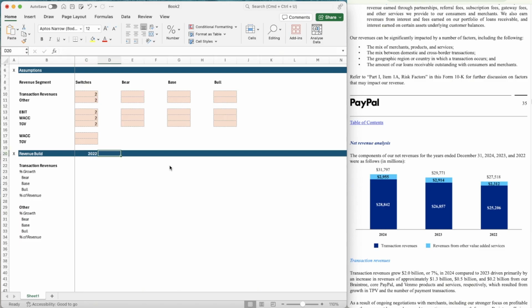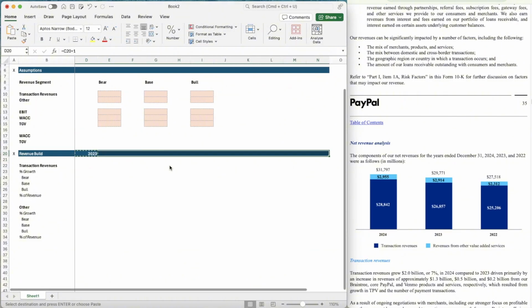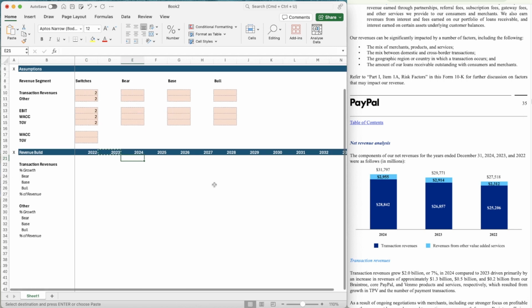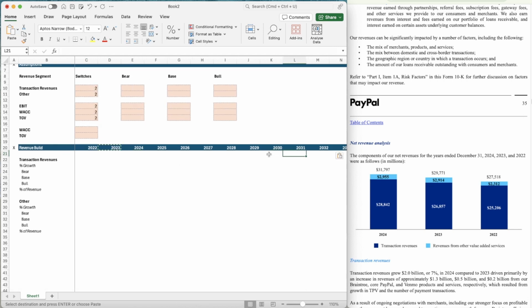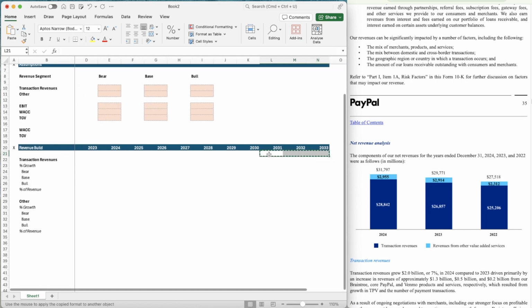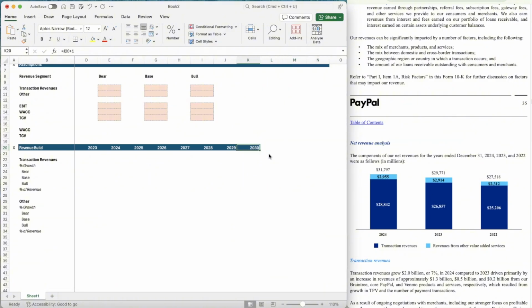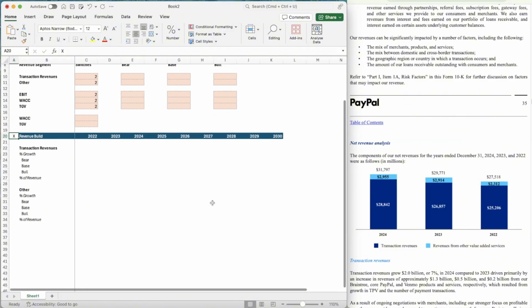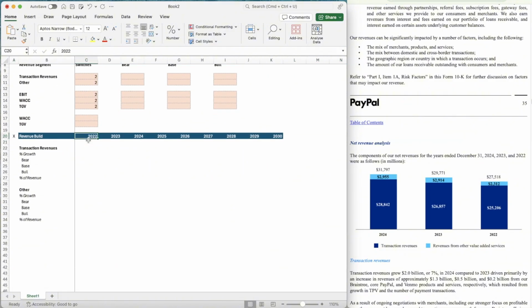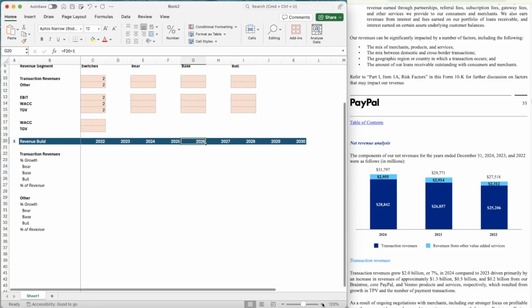So start in 2022, go equals 2022, well, the cell plus 1, copy it all the way to the end. Oh, no, that's gone too far. We only want 2030, so just delete those. Yeah, okay, I'll zoom in a bit more.